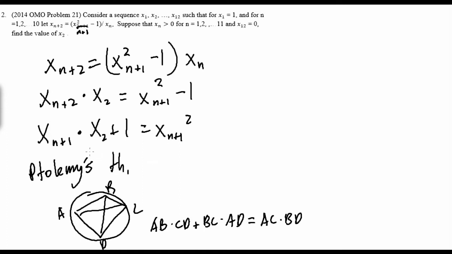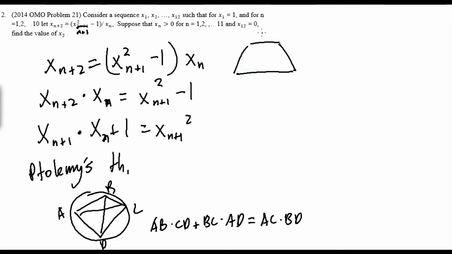So, we see there's one thing multiplied by one thing on one side, plus another term, plus this squared. So I think we can state that if AB was x_{n+1} and CD was x_n, then the quadrilateral would look like this.